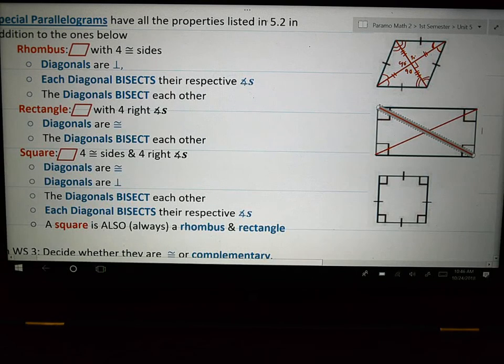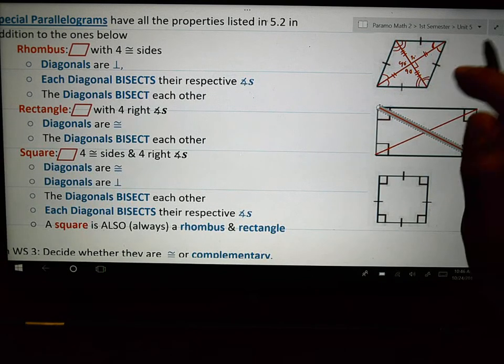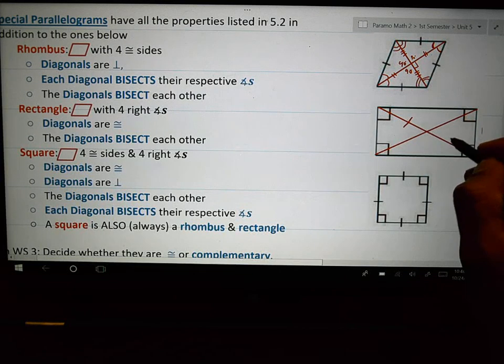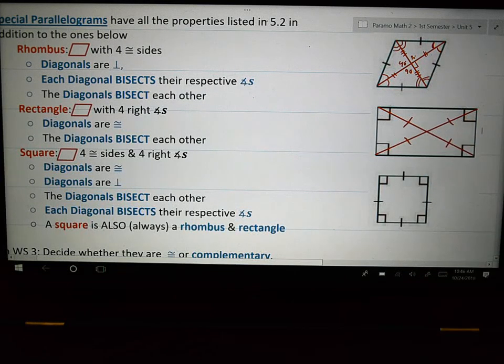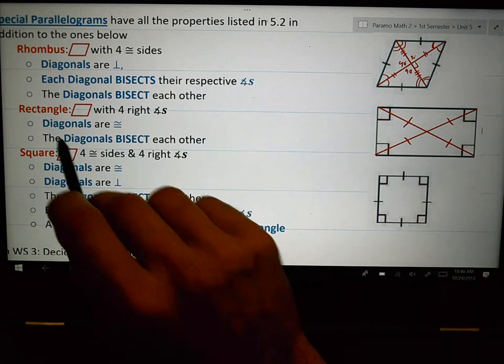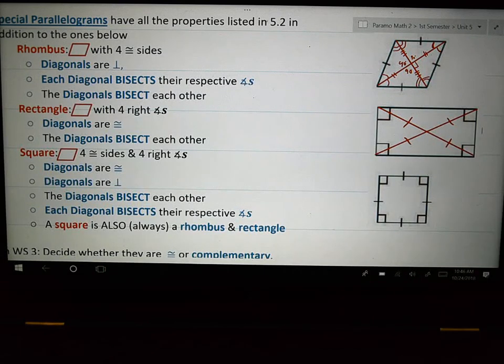It's the only kind of parallelogram that actually has these diagonals being the same length as each other. Otherwise, it would just be a parallelogram. The diagonals bisect each other, and the diagonals are congruent to each other.